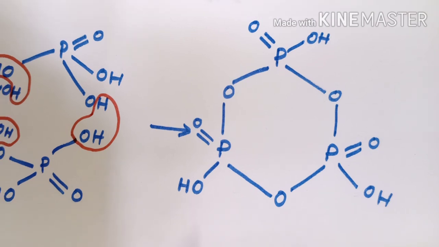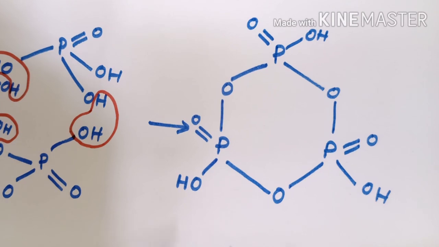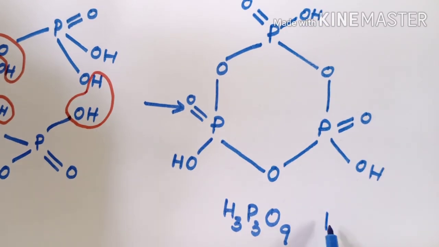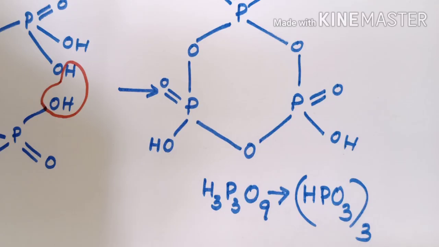On examining this formula, you find that it is H3P3O9, which can be written as (HPO3) thrice. The molecule is tribasic. This is not a reducing agent.